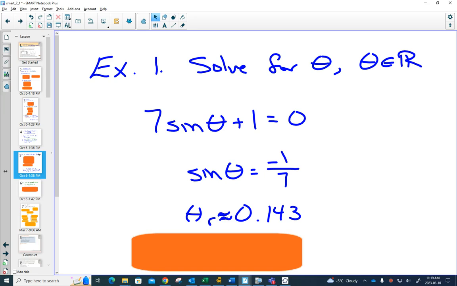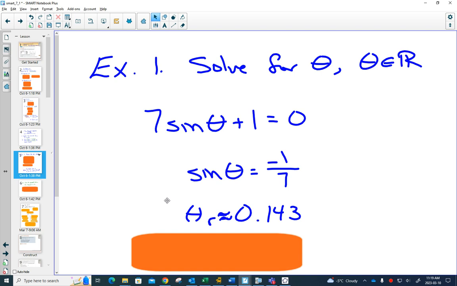So first of all, you would get sine theta by itself. And then you'd find your reference angle by doing sine inverse of positive 1/7. So instead of example 1, I've got 3 separate examples for you, so wherever you find space, you can write them down.